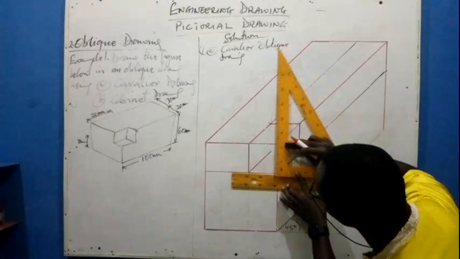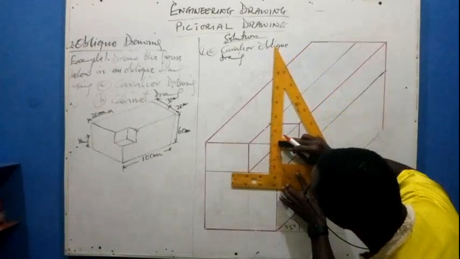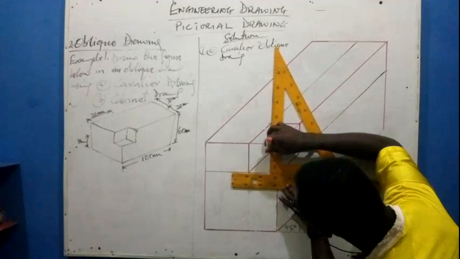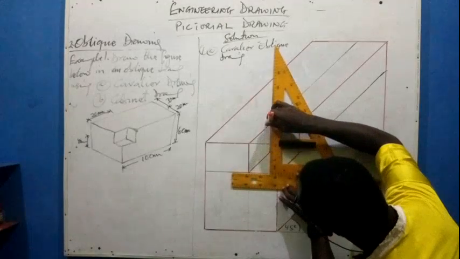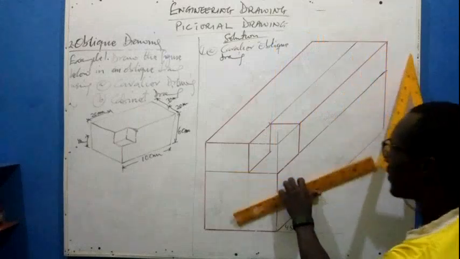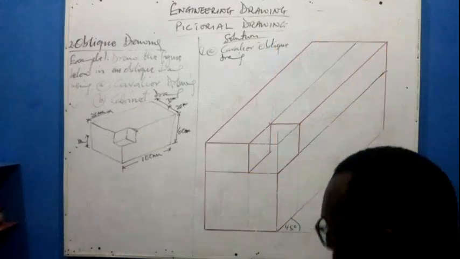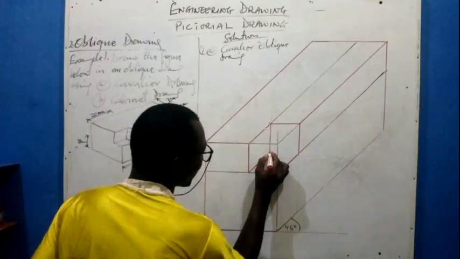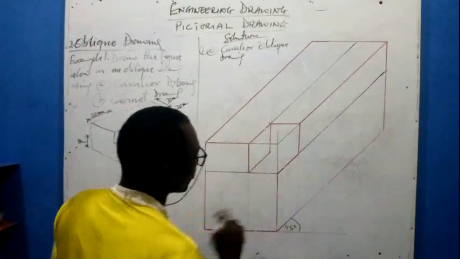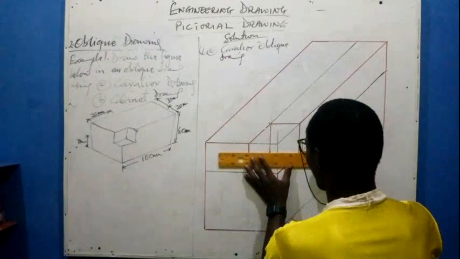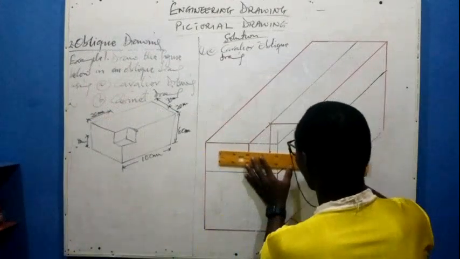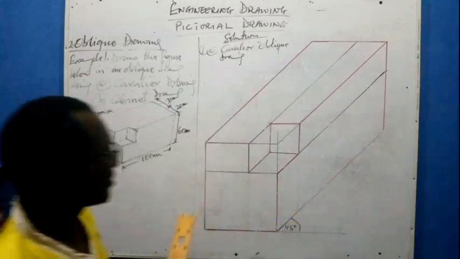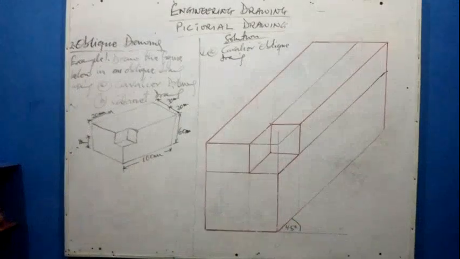Now I've reached this point. Then the last one, this one. Since this one have meet at a common point, I will just join it to this section. In that, I'm done the work.